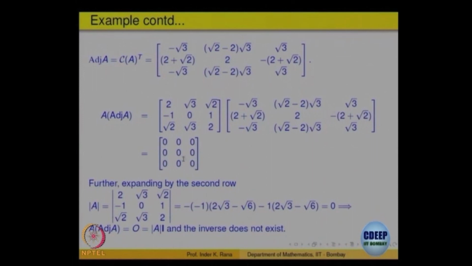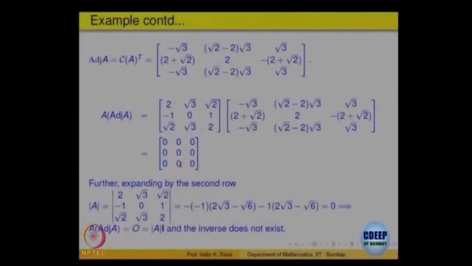and see that it may come out equal to determinant of A times identity, or it may come out to be something else. Here it comes out to be equal to 0, that means the matrix is not invertible. The earlier result was only for invertible matrices, because you can divide only when the determinant is nonzero. The identity A into adjoint of A equals adjoint of A into A equals determinant of A times I is okay, but you can divide only when A is invertible, that means determinant should not be equal to 0.